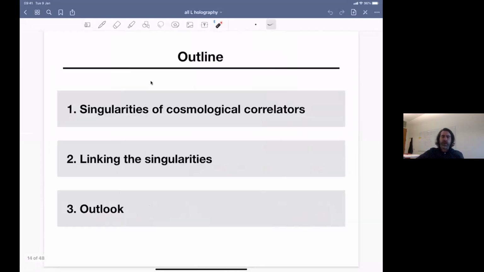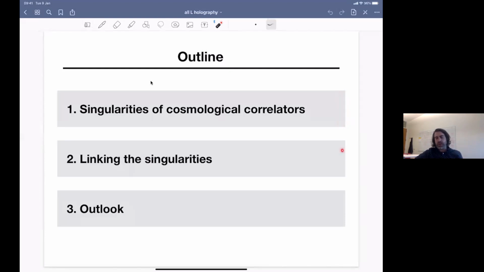Okay. So here's an outline of what I'm going to tell you about today. First, I'm going to review the singularity structure of cosmological correlators. I'll explain in a minute, but we're going to try to abstract some lessons from other holographic or bootstrap programs and try to apply them to cosmology. One lesson that we like is that singularities are very powerful in organizing the structure of correlation functions, and I'll try to explain how that works.